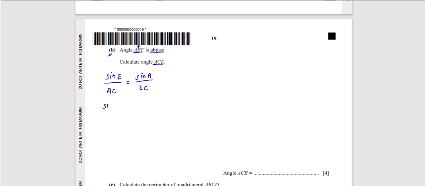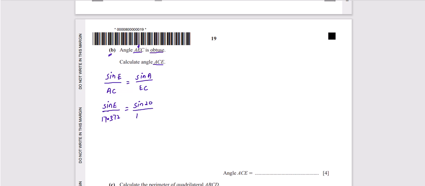So sine E over AC, which is 17.372, is equal to sine A. The angle A is equal to 20, divided by EC.